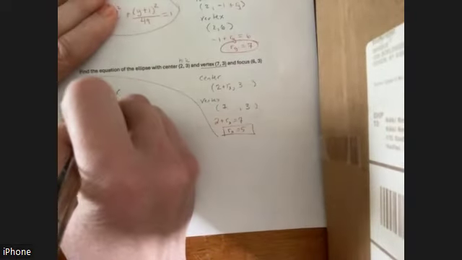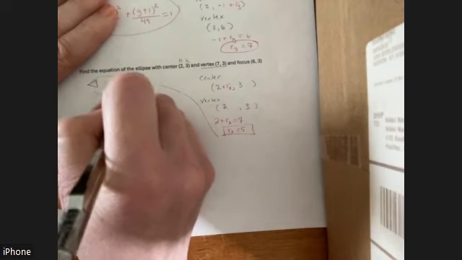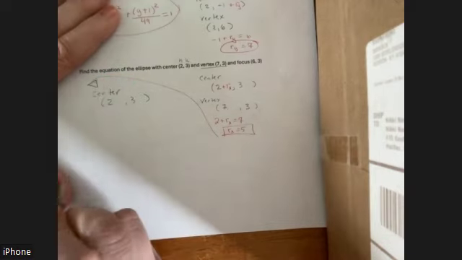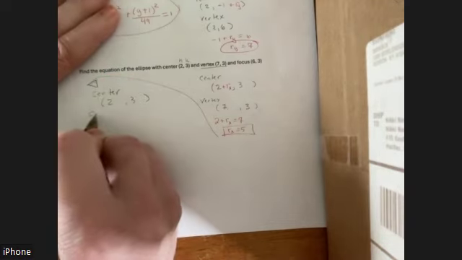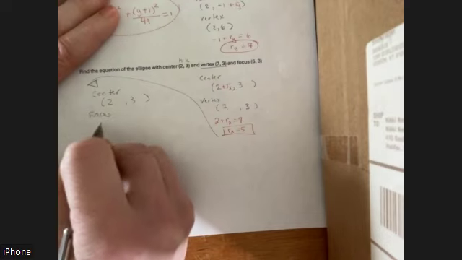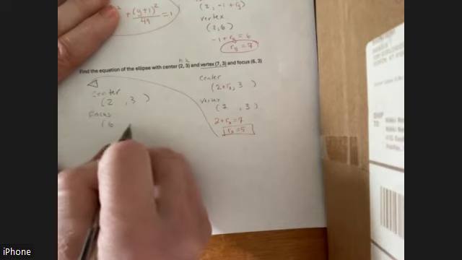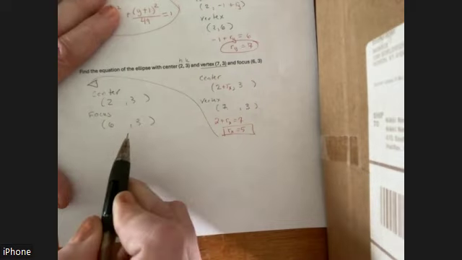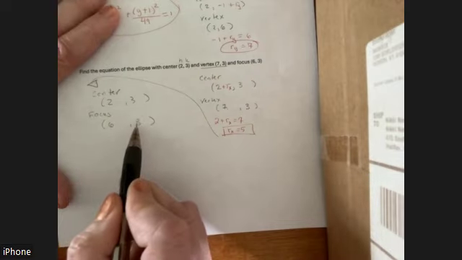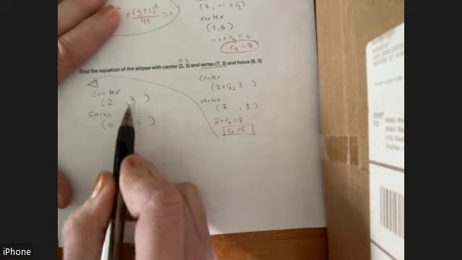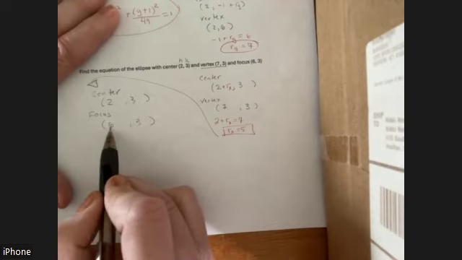So I'm going to start with the center again, which is 2, 3, leaving space. And my other fact that I didn't use is that I know the focus is 6, 3. So the focus has the same Y coordinate and the X coordinate is different.